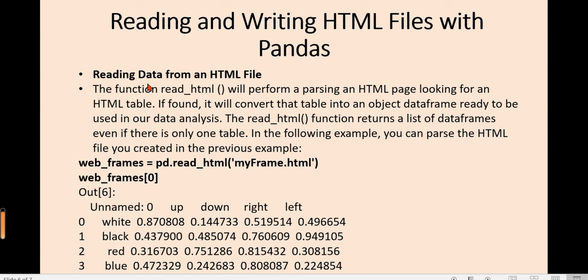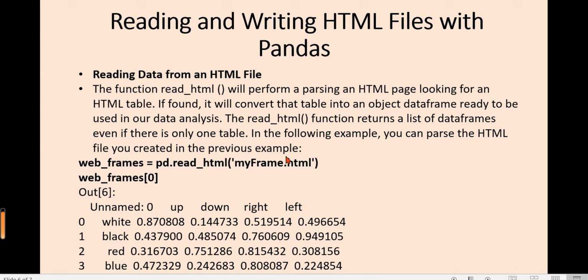If you want to read data from an HTML file, the function read_html will parse an HTML page looking for an HTML table. If it finds one, it will convert that table into a data frame object ready to be used in our data analysis. The read_html function returns a list of data frames even if there is only one table. In the following example, we parse the HTML file you created in the previous example.